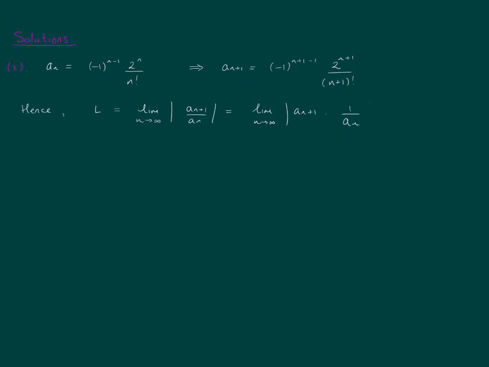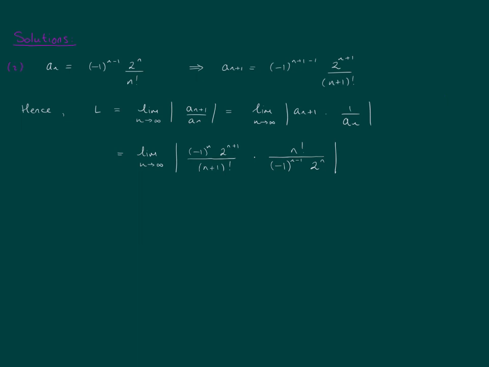So when I'm filling in, I'm just going to invert the expression I have for a_n. Filling in for a_(n+1), we just have (-1)^n because the plus 1 and the minus 1 cancel, 2^(n+1) over (n+1) factorial, times flip a_n. On the bottom now we're going to have (-1)^(n-1) times 2^n under n factorial.